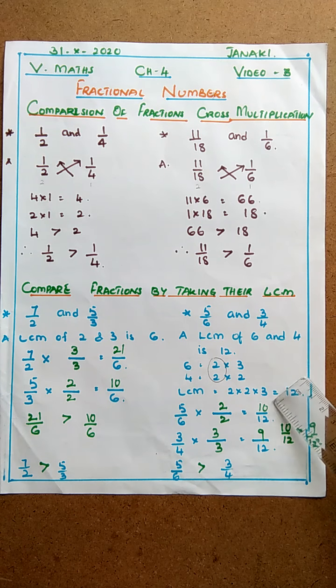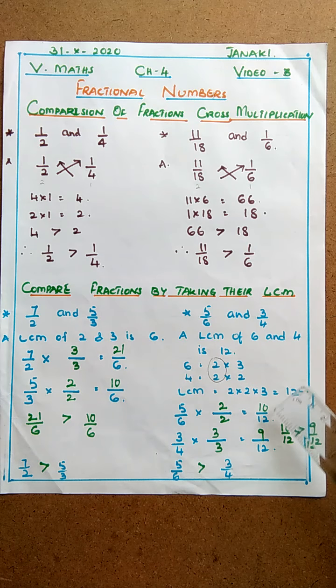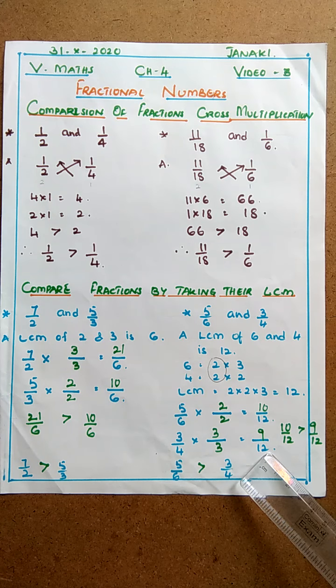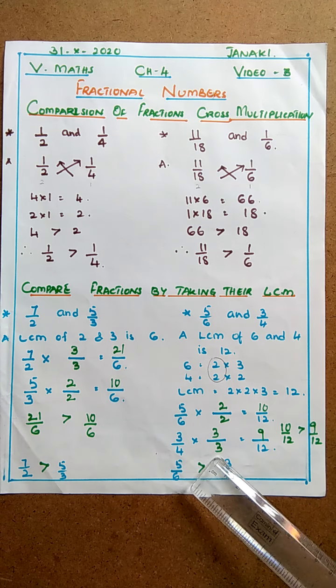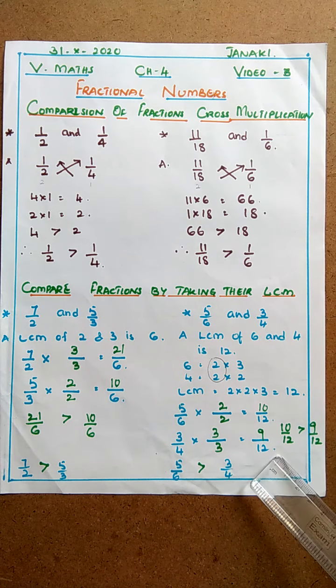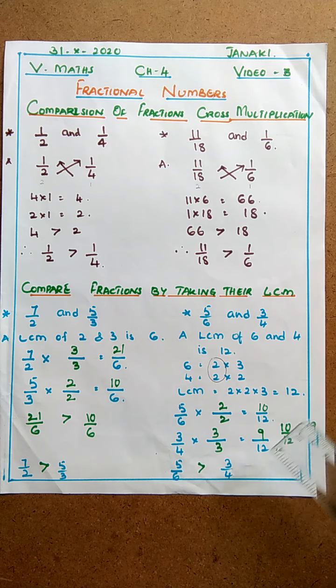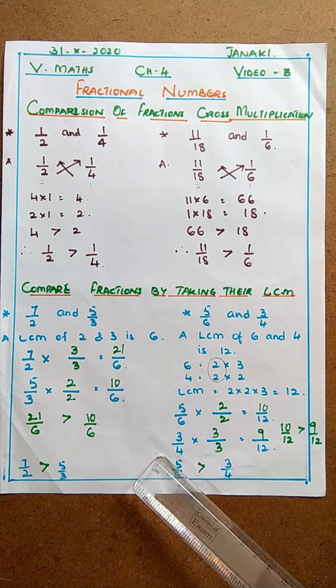Now, you got an equivalent fraction of 5 by 6 as 10 by 12. Now, take 3 by 4 and multiply it by a number so that the denominator is 12. So, how many times 4 goes in 12? 3 times. So, 4 3s are 12. Now, numerator 3 3s are 9. Now, here we have found an equivalent fraction of 3 by 4.